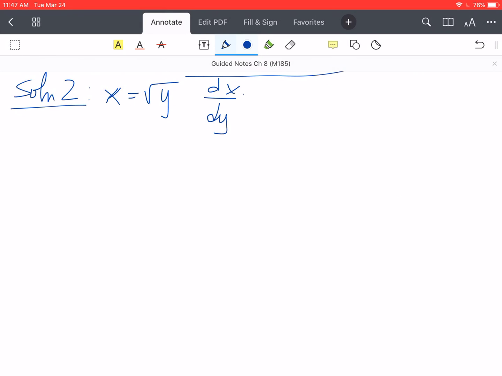So dx/dy is going to be 1 over 2 root y. So in terms of S, we have 2 pi x ds.